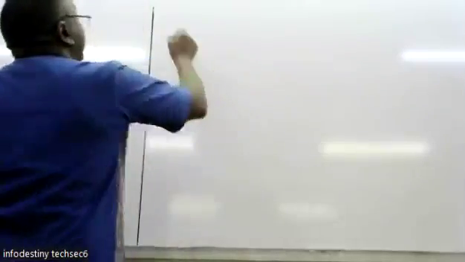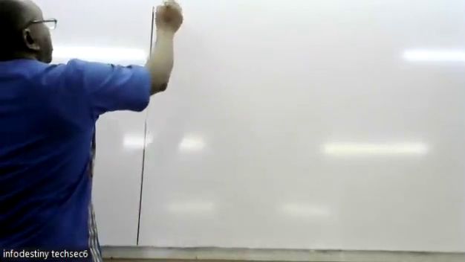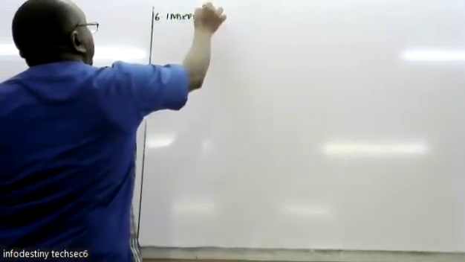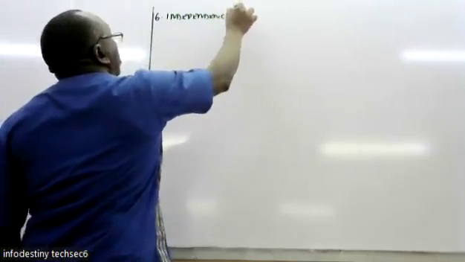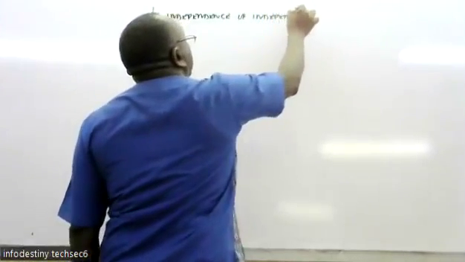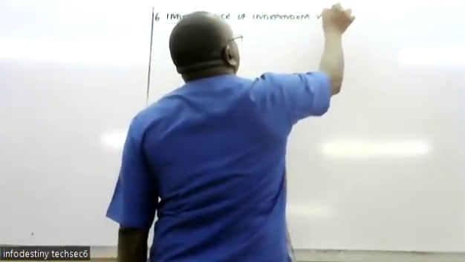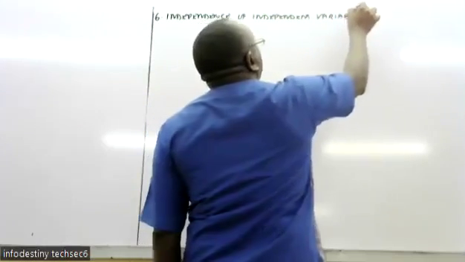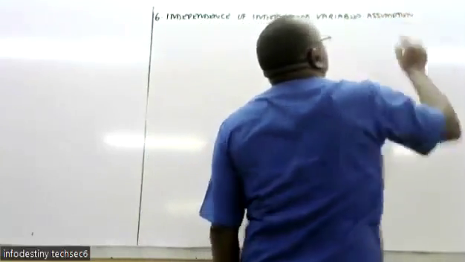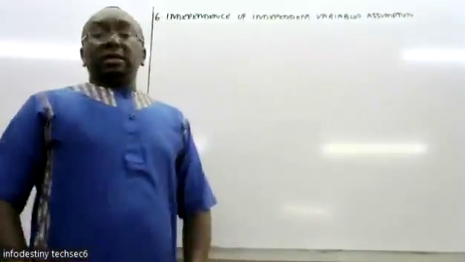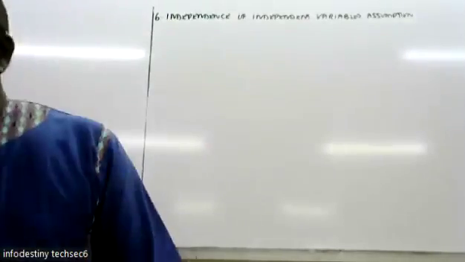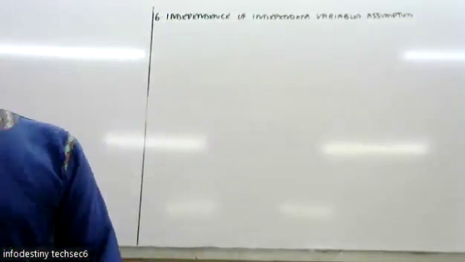Okay. The last assumption, number 6, is called independence of independent variables assumption.